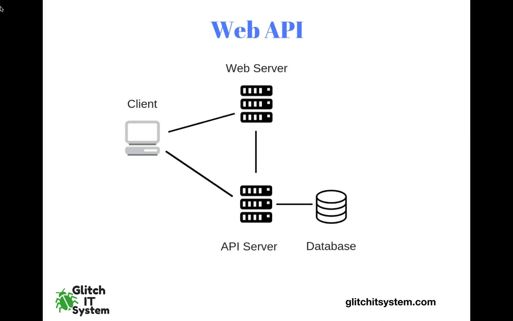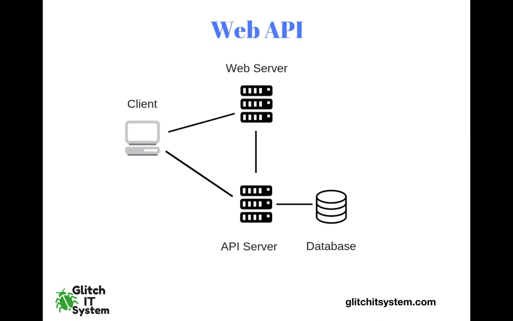So there are a couple ways that you can interact with the API. You can go directly to the API, or you can go to a website, and that'll be calling the API also. So say you go to google.com, right? So in the top of the diagram here, the client is going to the web server.